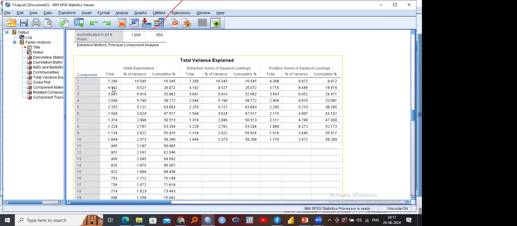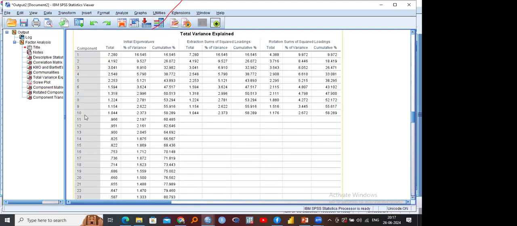So as you can see, there are 10 factors or 10 components which have total eigenvalue more than 1. That is why, simple answer, 44 components will now be reduced into 10 components or 10 factors.